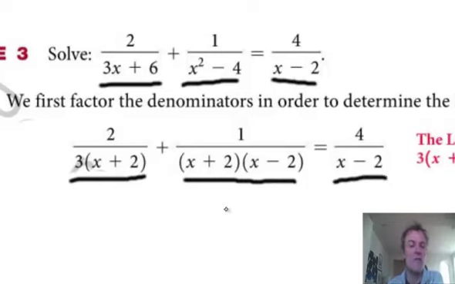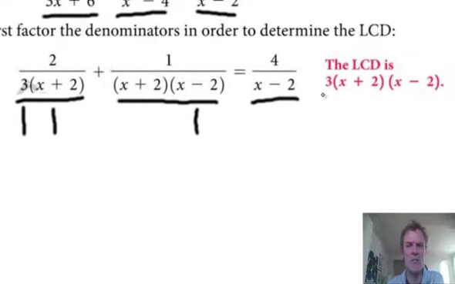So now you look at what you've got. I have a 3. I have an x plus 2. This has an x plus 2, but I don't have to write it again. This has an x minus 2. This at the end has an x minus 2, I don't have to write it again. So what I've just pointed at is the lowest common denominator.